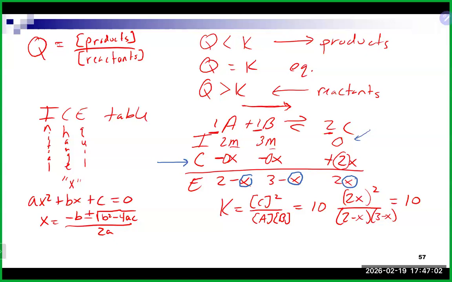The other thing is, although we did it here with concentrations, you could do this with a Kp value and do this ice table with pressures as well. And I think earlier we talked about in this chapter that the unit you definitely want to be using is atmospheres.